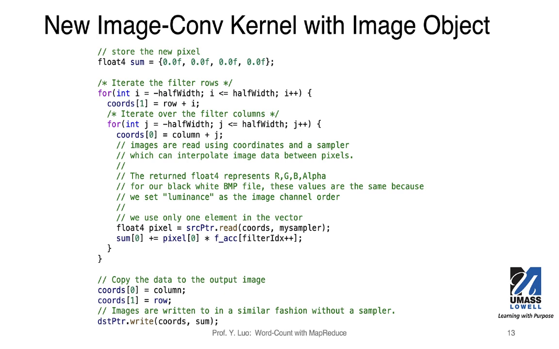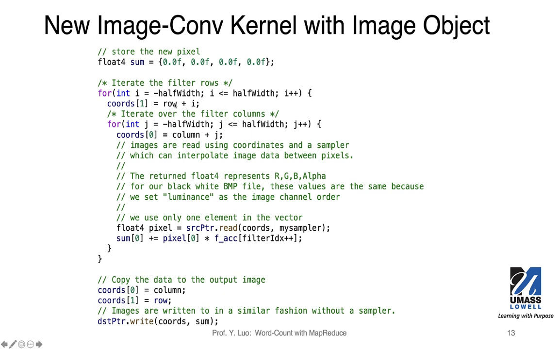One thing we notice here is we use coordinates, this 2-element array, to specify the locations or coordinates of the pixel.